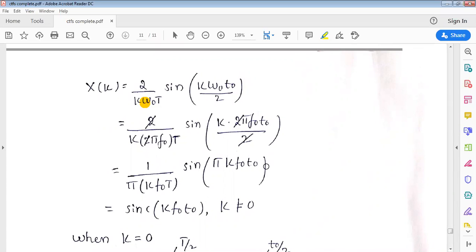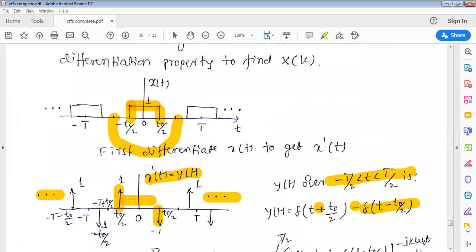Anybody, what's the value of x of 0? Sahana, what's the value of x of 0? Look here. What is the value of the signal when t equal to 0? I'm asking the amplitude value.